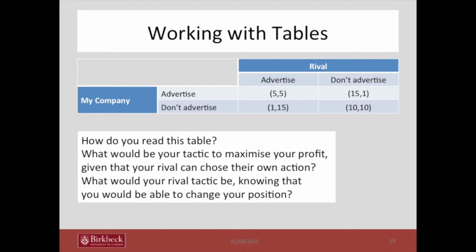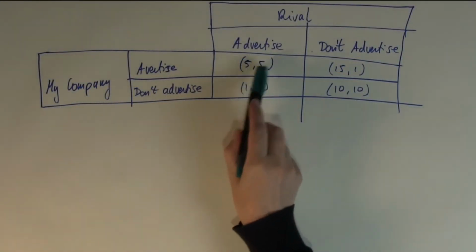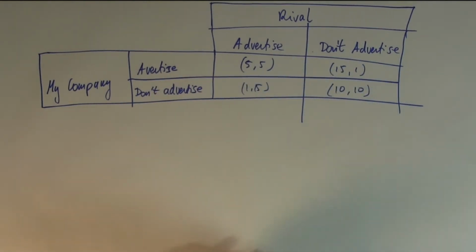Now, before we go into the nitty-gritty parts of finding out how one company reacts to another company's strategy, what I want to make sure is that you know how to read these tables. Now, as you can see in here, there are number pairs. These numbers are the so-called ordered pairs, which I already mentioned at the very beginning of this video.